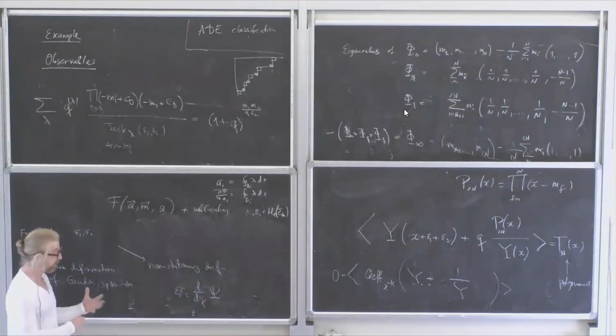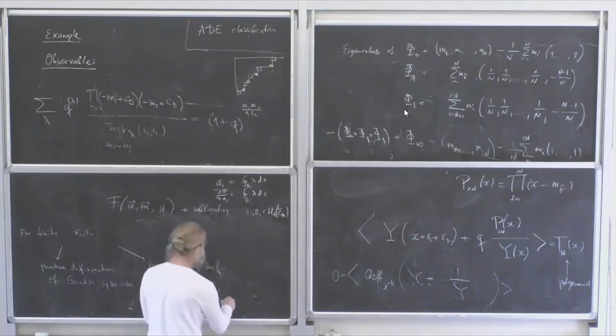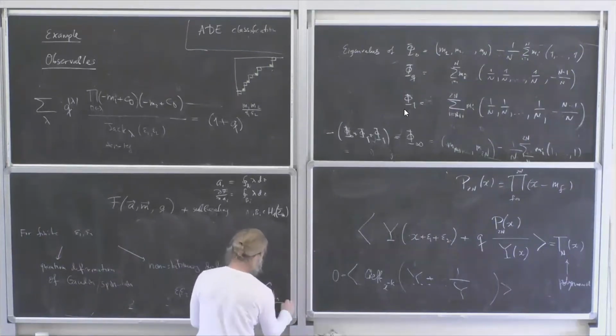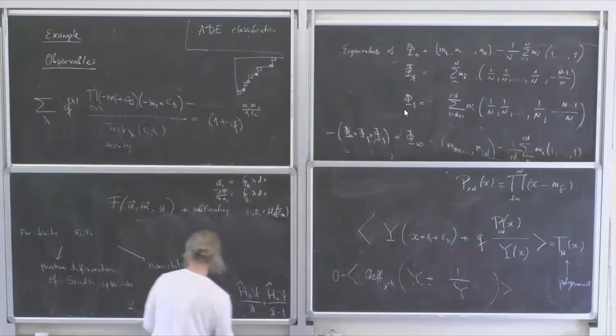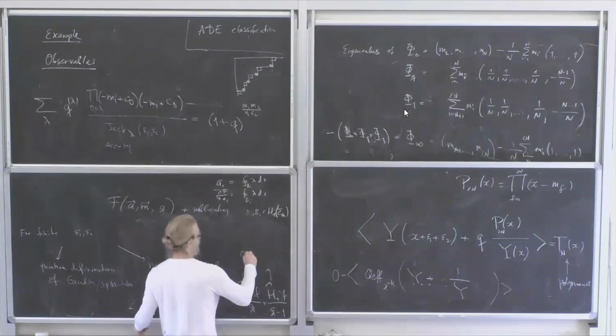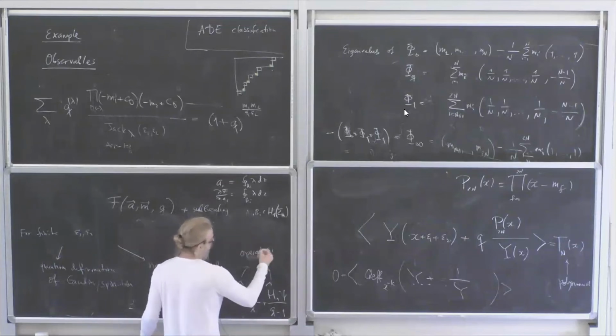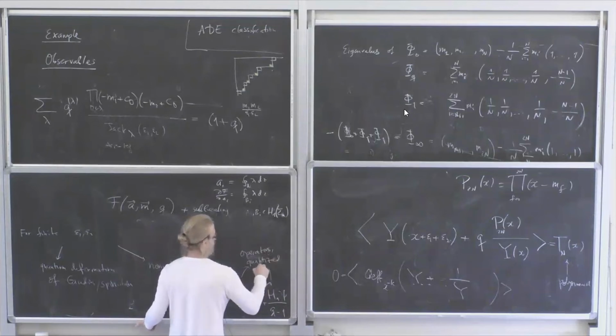And so there's another observable, which I will not define for lack of time, which will solve the equation where H0 and H1 are operators, which are obtained by quantization of Godin Hamiltonians.